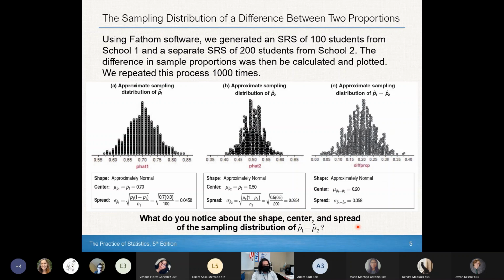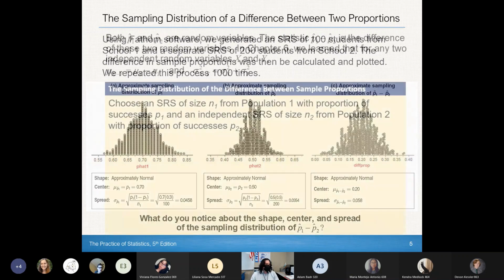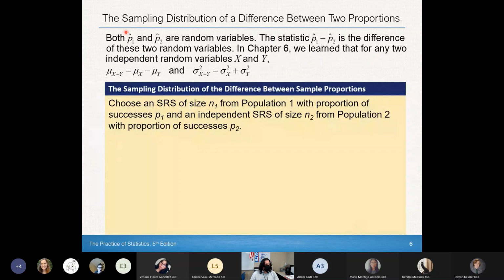Again, this is our data. Both p hat 1 and p hat 2 are random variables. The statistic p hat 1 minus p hat 2 is the difference of these two random variables.